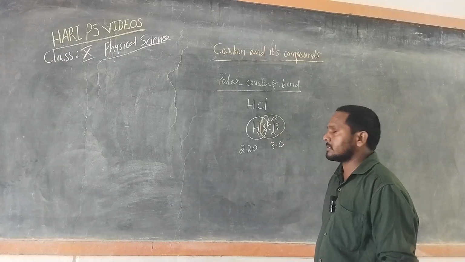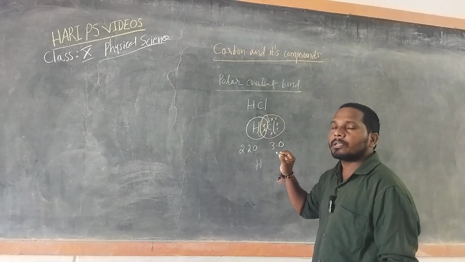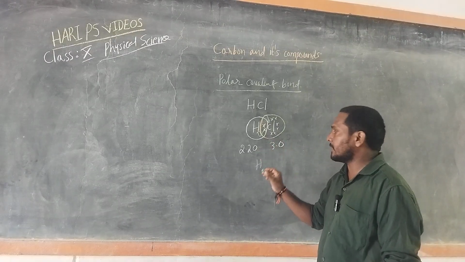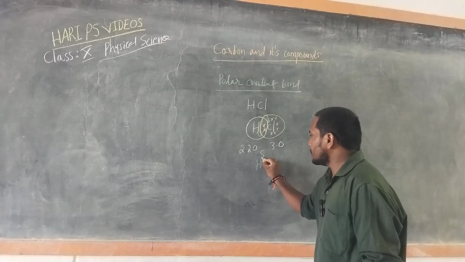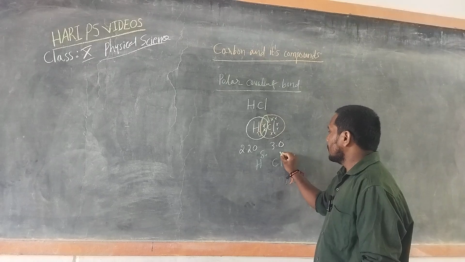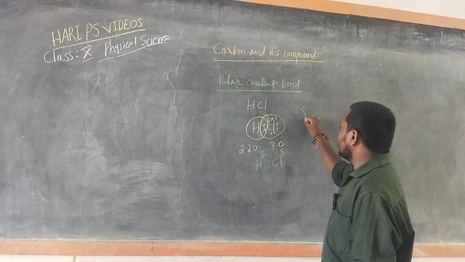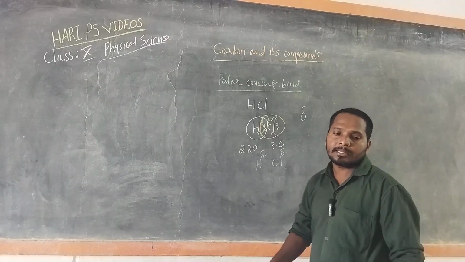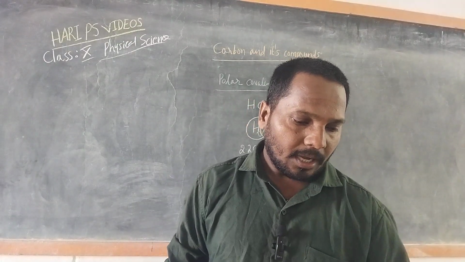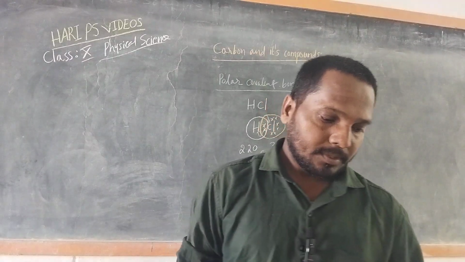In this case, both the elements get partial electric charges. That partial charge we can represent like this, with delta. Right? So, this is about polar covalent bond.